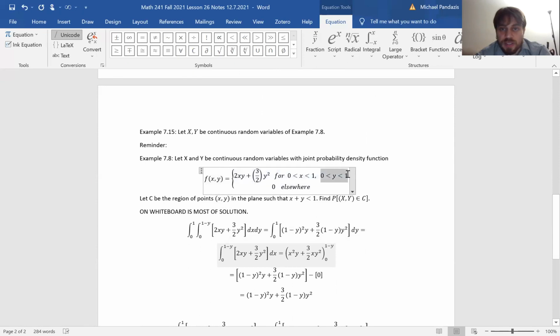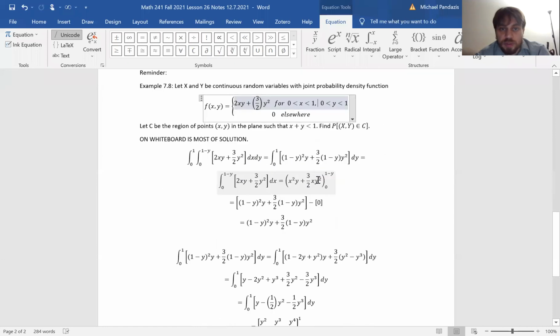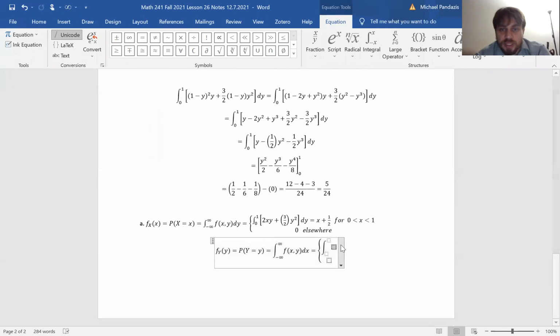If y isn't in this interval, then the PDF is 0. And so you have this PDF when y is between 0 and 1. You're integrating over the whole real line, but it's only non-zero between 0 and 1 for y. And so that means you only have to integrate between 0 and 1.